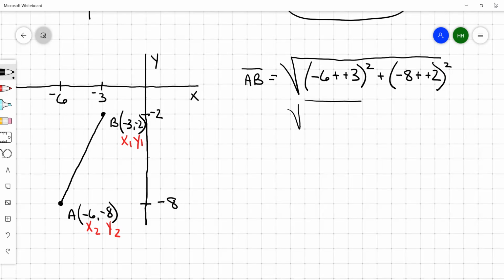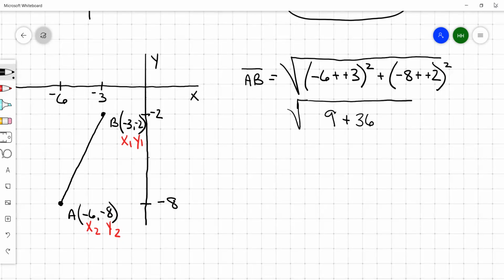So what we're left with here is the square root of -6 plus 3. -6 plus 3 is -3. And -3 squared is 9. -8 plus 2 is -6, and -6 squared is 36.